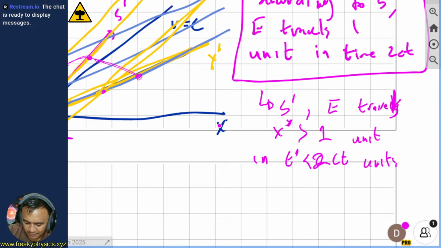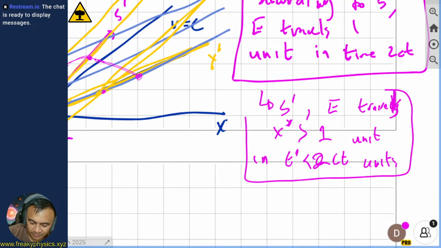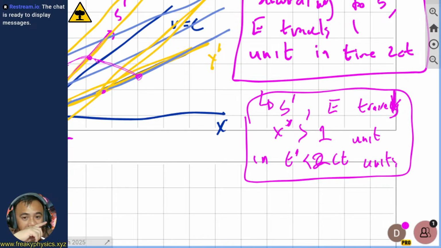Okay, all right, and then from here we can use the Lorentz transformation to calculate what the actual values for x prime and t prime are. From this graph, we can kind of tell, but again, it's not very clear yet what exactly is going to happen, right?